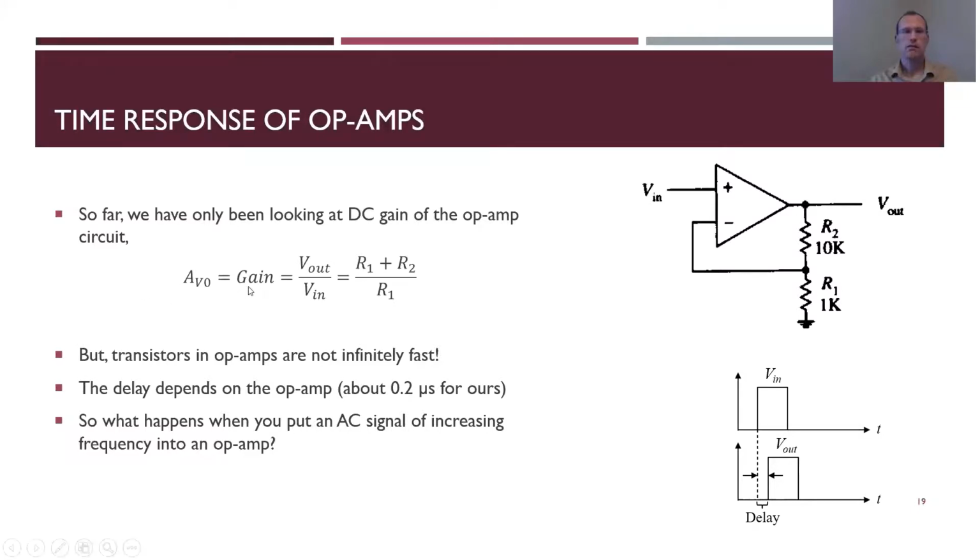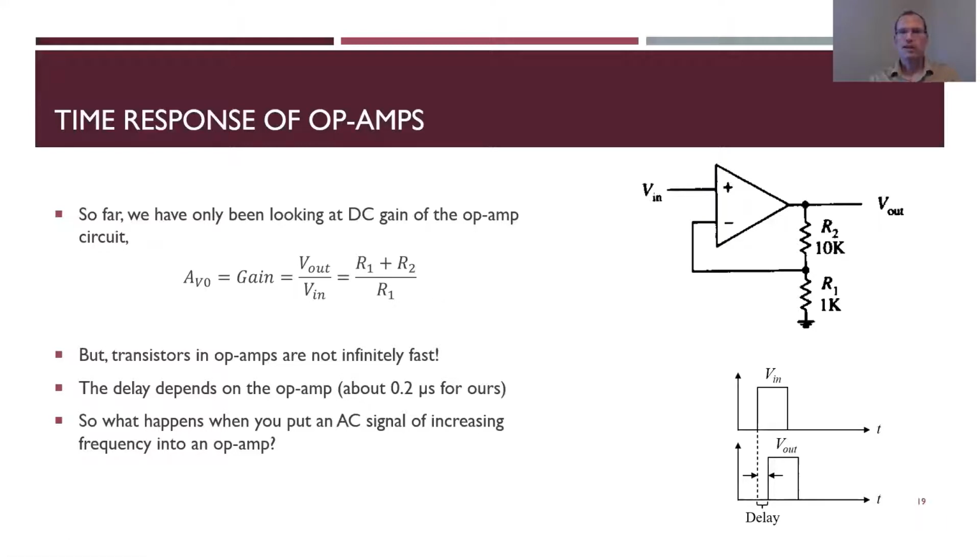The gain before for this simple non-inverting op amp, V out over V in, is R1 plus R2 over R1. That's just what we had before. We called that the gain or AV. I now want to specify that and call it AV0. So AV0 specifically refers to the DC voltage gain. Everything we've seen before is the AV0 gain.